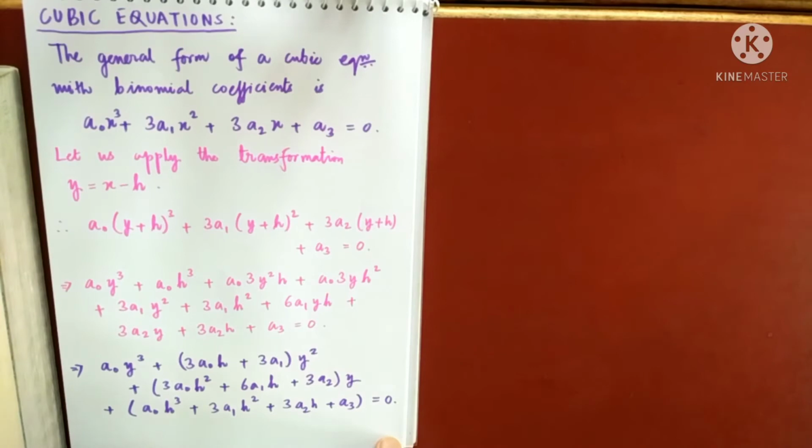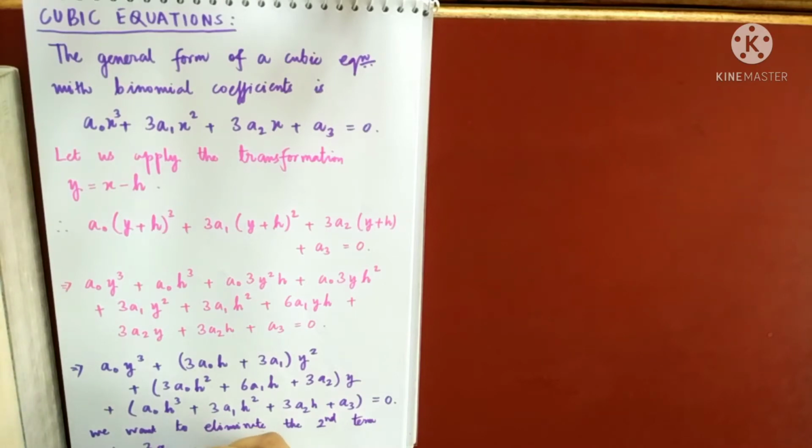Now what will I do? I want to eliminate this y square term from here. So we want to eliminate the second term, that means the term y square. Therefore, to eliminate the second term, this quantity should be 0.